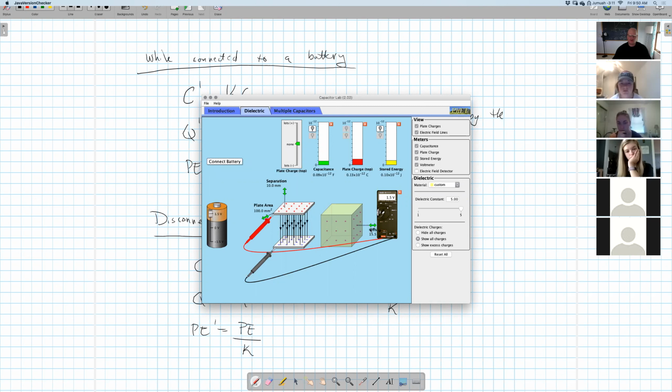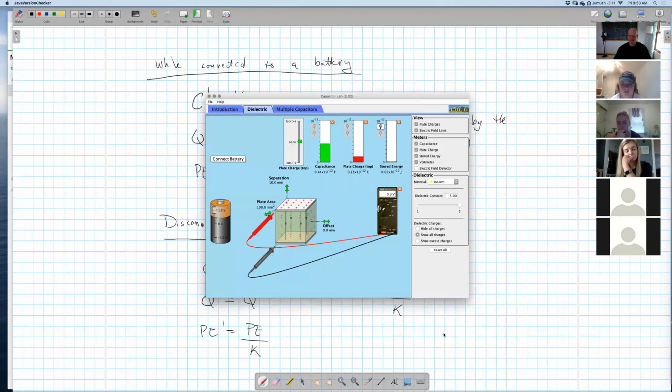So as I start to move in the dielectric, the charge will move around and do different things, but it's forced to stay inside of the plate. It can't jump off and spontaneously go to the other plate or go back into the battery or go anyplace else because there's no avenue, there's no wire for it to actually do that with. So this is actually bound to the charge plate itself.